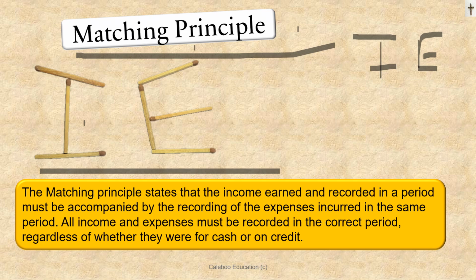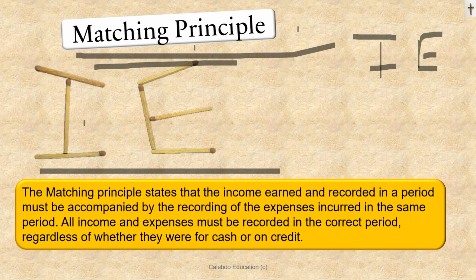If you've received income in advance, you need to make an adjustment. If you've paid an expense early, it's a prepaid expense, you need to make an adjustment. The matching principle states that income earned and expenses incurred need to be matched in the correct period.